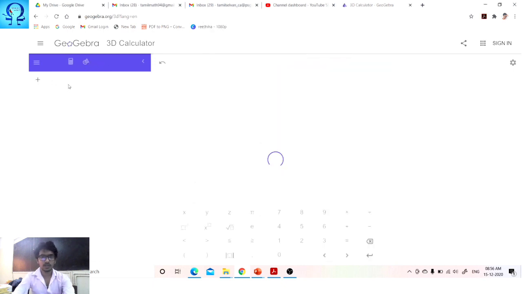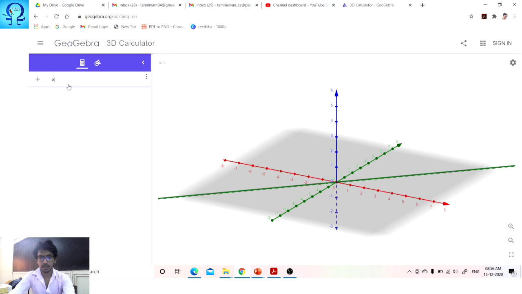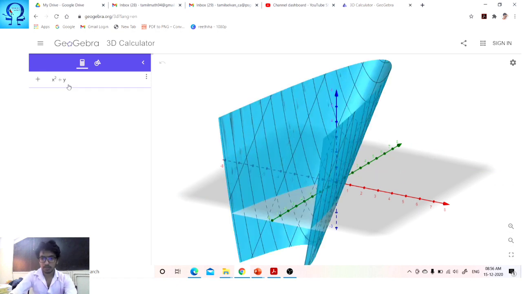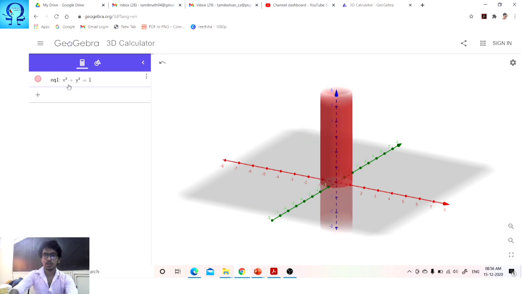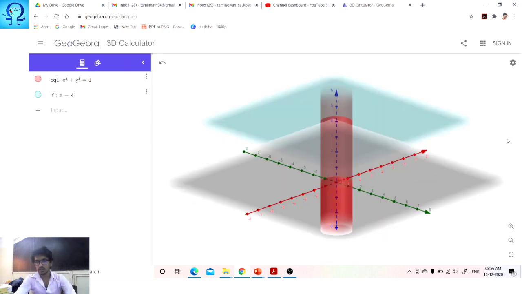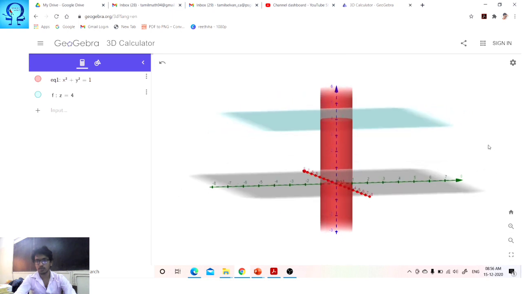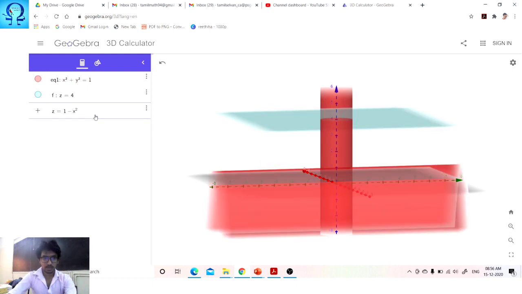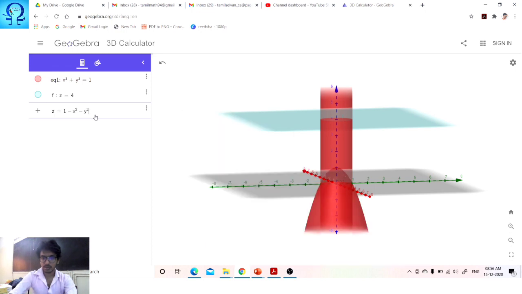Sorry for the inconvenience, let me plot from the beginning. So we are given the cylinder x squared plus y squared equals 1. We have this cylinder which is bounded by the plane z is equal to 4. So it is cut like this. Only the part below this plane is to be considered, and we have a paraboloid which is z is equal to 1 minus x squared minus y squared.